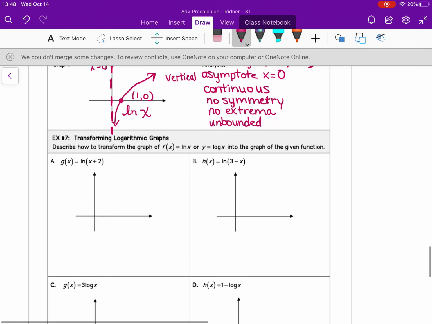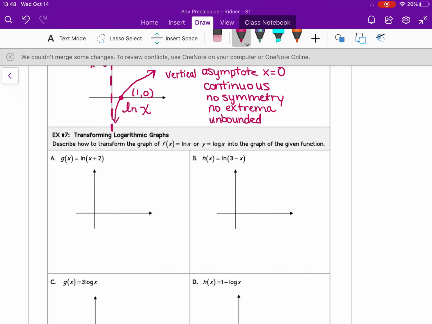And then hopefully this part is easy as all get out, because I feel like we have transformed so many times. We've done it already once this year. You did it at least 5, if not 6 times last year in Algebra 2. So if there's a plus sign grouped with the x, that means to go left 2.